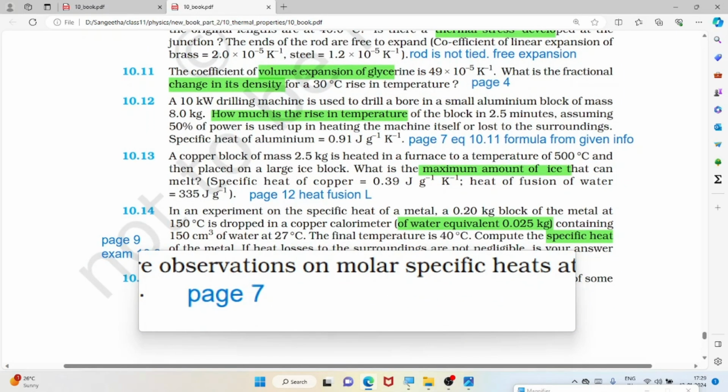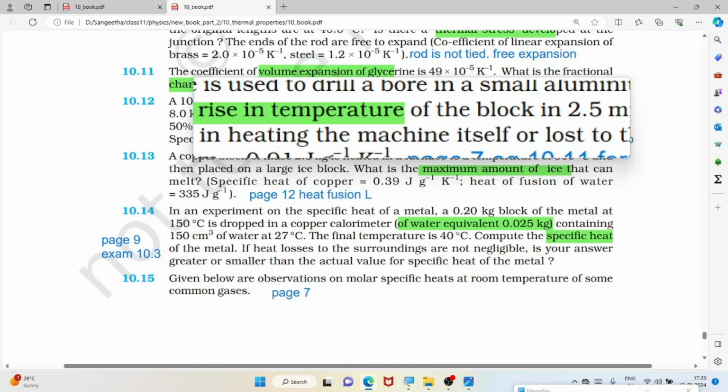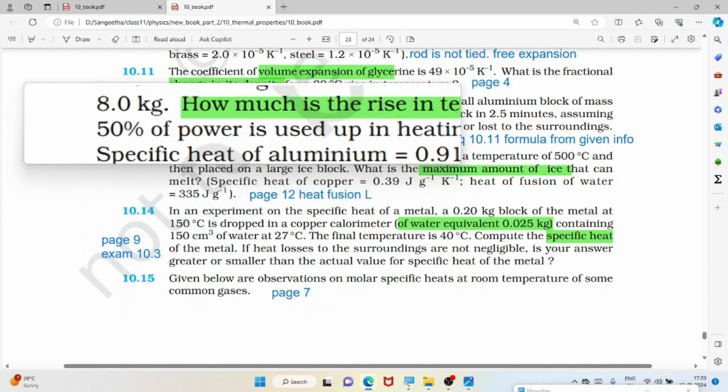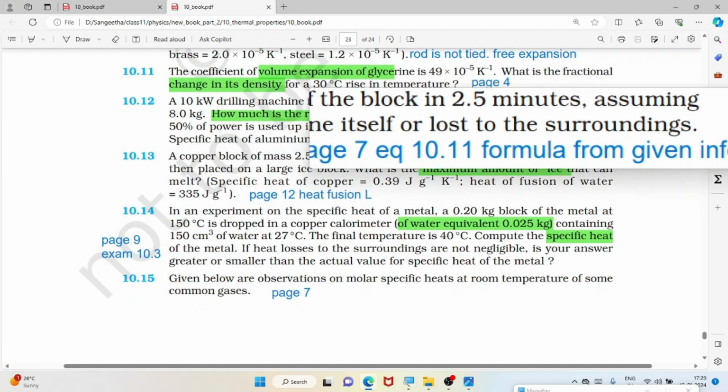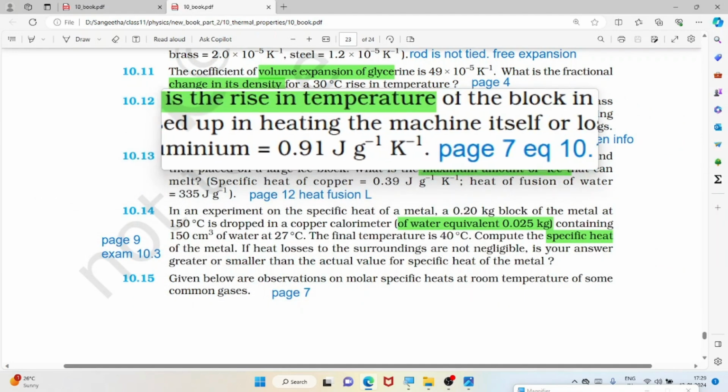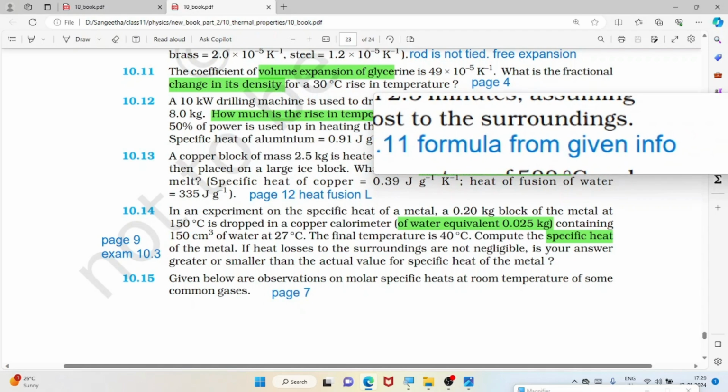A 10 kilowatt drilling machine is used to drill a bore in a small aluminum block of mass, okay, this much. How much is the rise in temperature of the block in 2.5 minutes, assuming that only 50% of the power is used in heating the block? Okay.